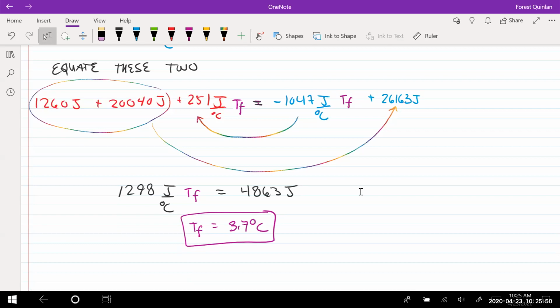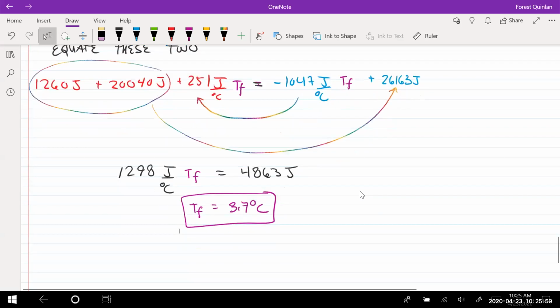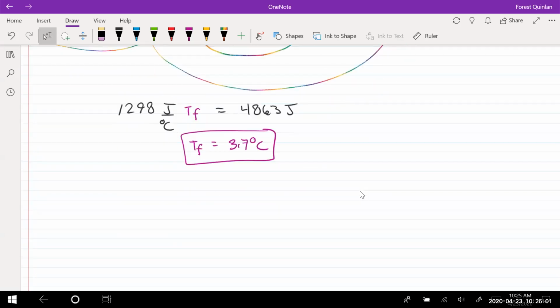Because the water cools down, so the temperature gets higher. Wait, the water cools down and what? Because it starts from negative 10 degrees. So since the water starts to cool down, it becomes 3.7. Sort of. You're on the right path.